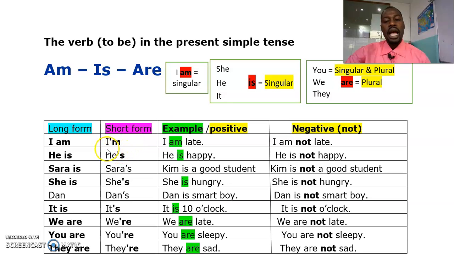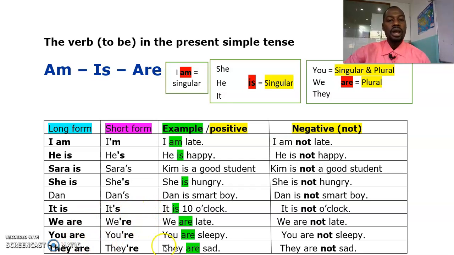So instead of I am, I'm. He is, he's. Sarah is, Sarah's. She is, she's. Dan is, Dan's. Okay? It is, it's. We are, we're. You are, you're.